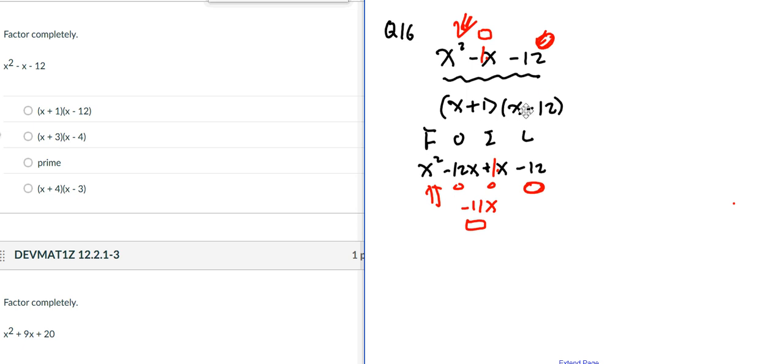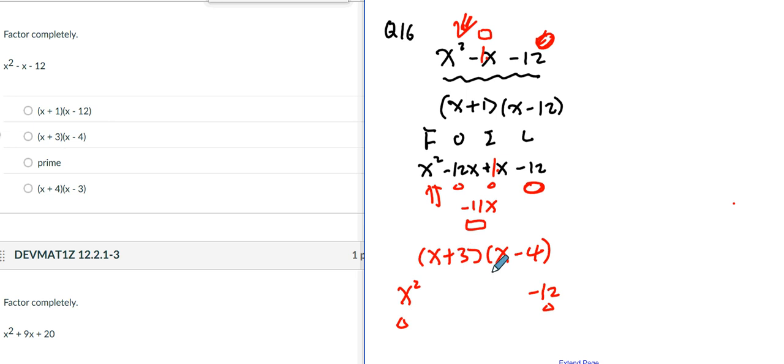Okay. Similarly, you can do x plus 3, x minus 4. You do your FOIL method, x times x. Last one, 3 times negative 4. You will get the same.